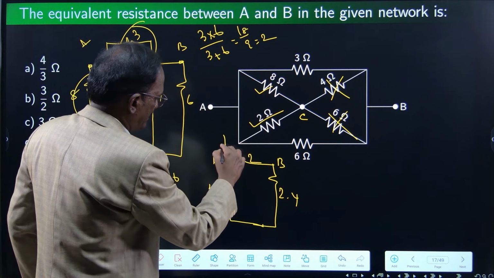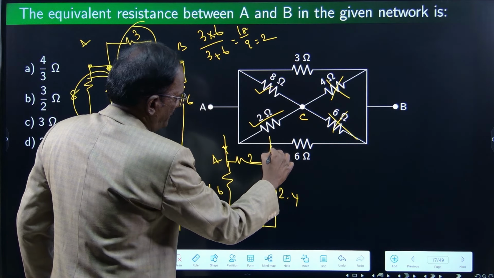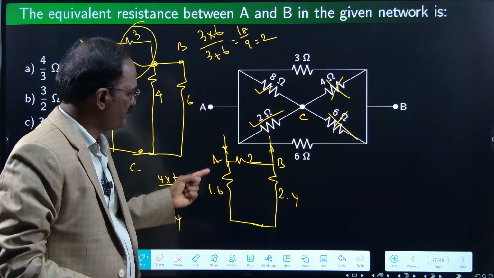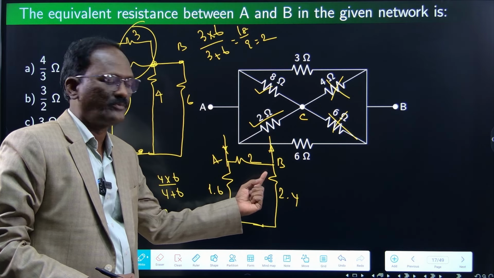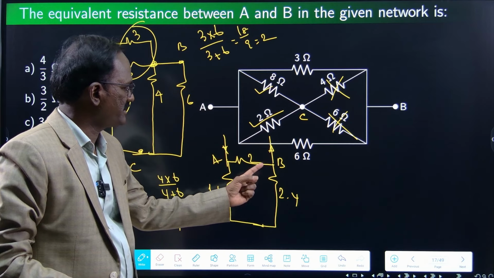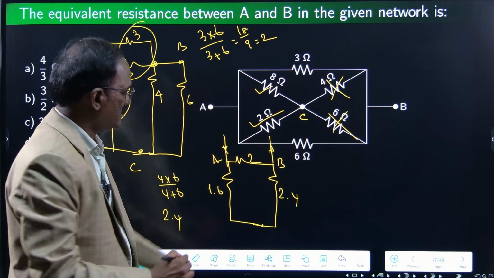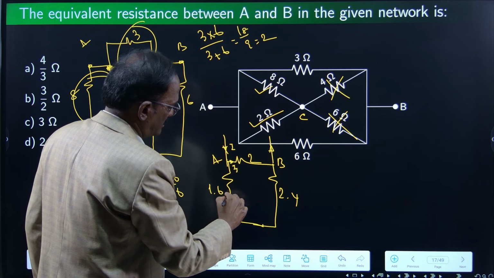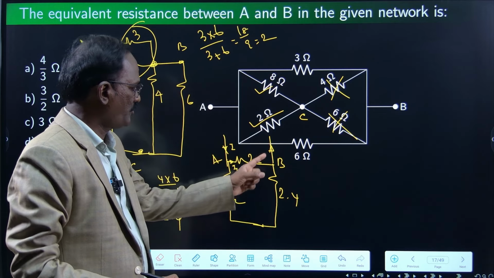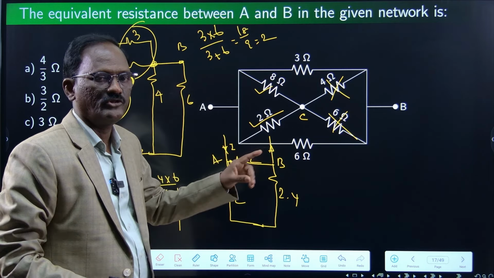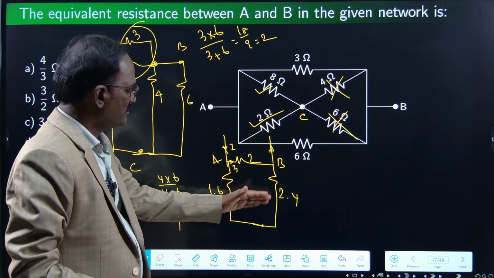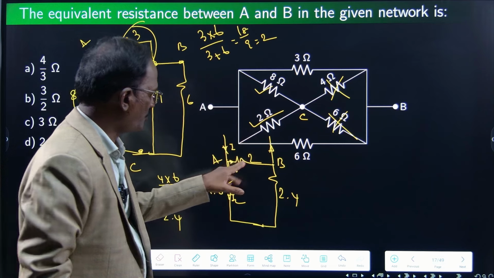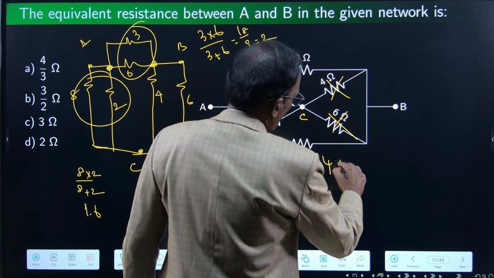If a current enters A and leaves B, the same current flows through 1.6 and 2.4, so these two are in series. Assume the total current is I amperes, with I1 and I2 as branch currents. I2 is flowing through these two resistors. I1 is flowing through the 2 ohms only. So this is in parallel with these 2 ohms. 1.6 plus 2.4, 4 into 2 divided by 4 plus 2.